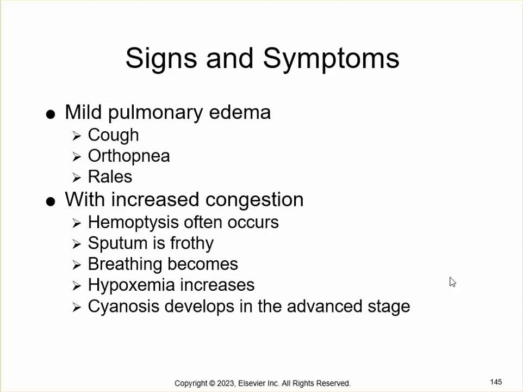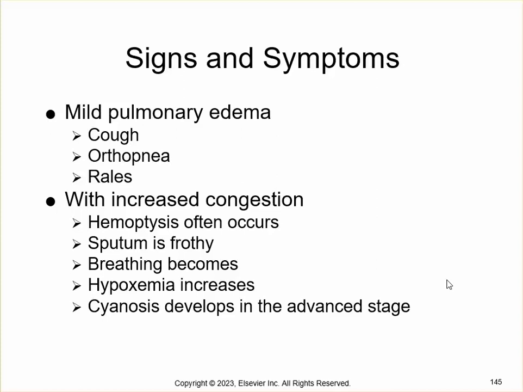So you're going to have cough, blood pressure issues. It's going to be difficult to breathe lying down. There are going to be abnormal lung sounds. Sometimes you're coughing up blood.